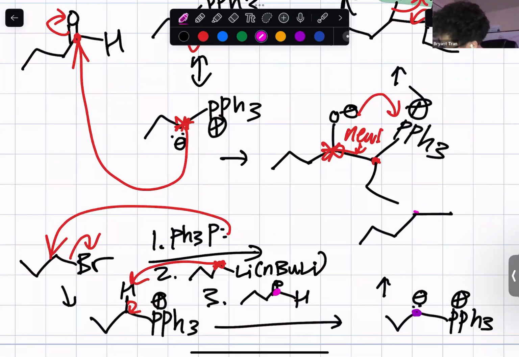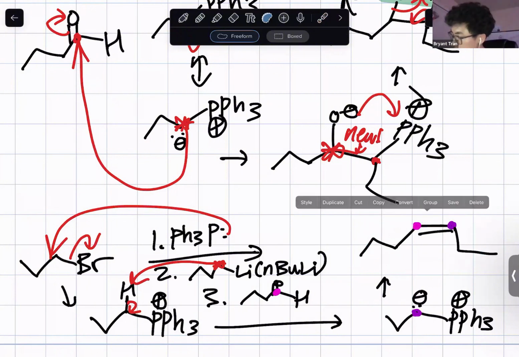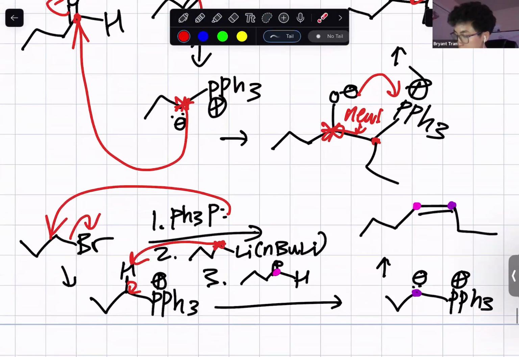Make a double bond between the pink dot and purple dot. The purple dot has an ethyl group, and I'm gonna make that go down because I want to make a Z alkene.